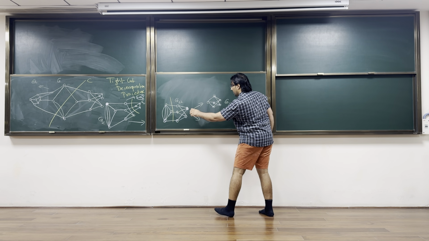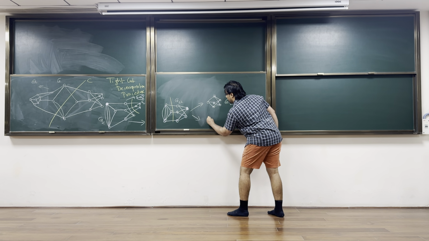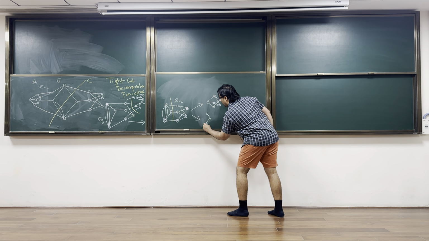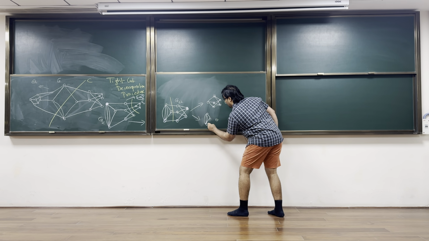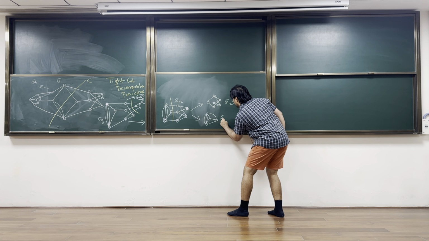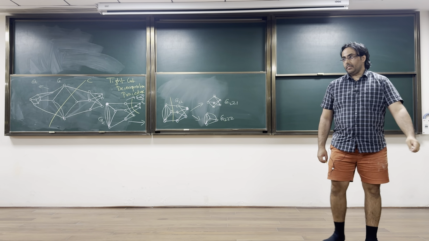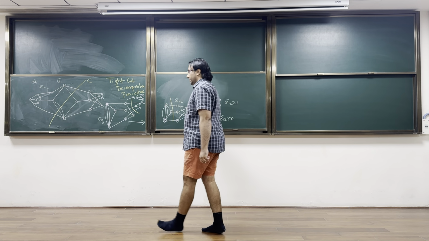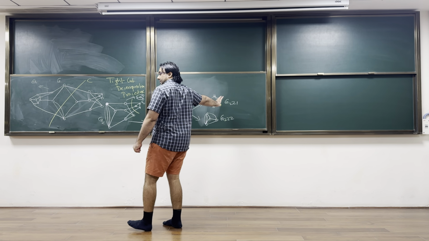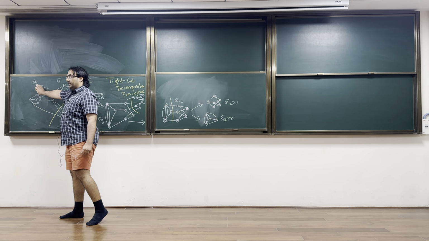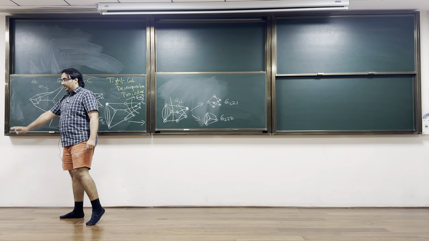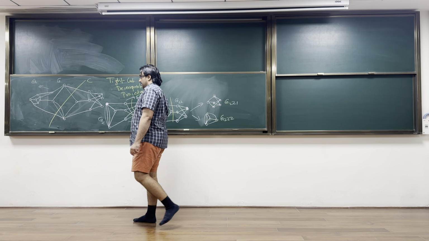And now this whole thing becomes a single vertex. G222. But of course I have not done the whole tight cut decomposition. I have just completed this branch. I have not even drawn this graph, and then I have to complete that branch also.